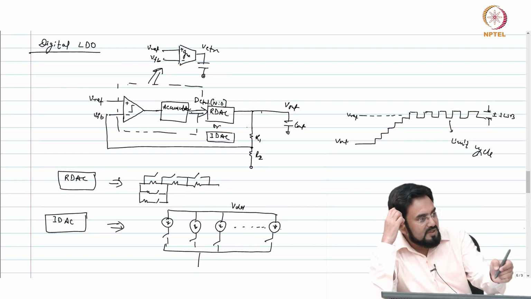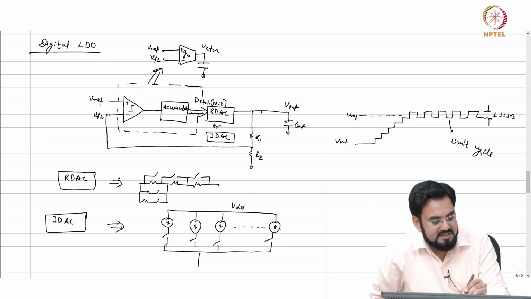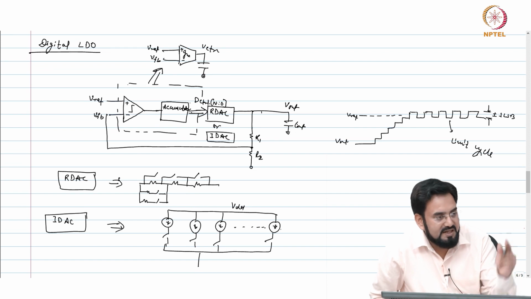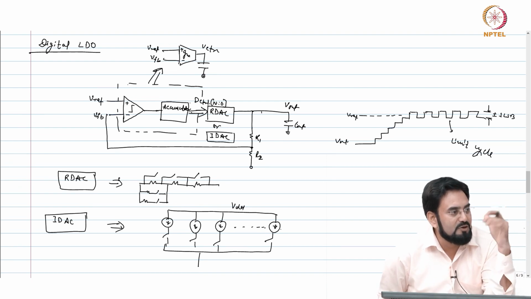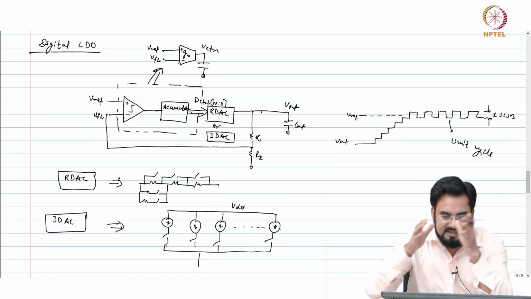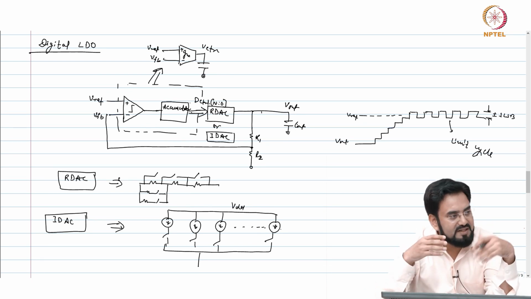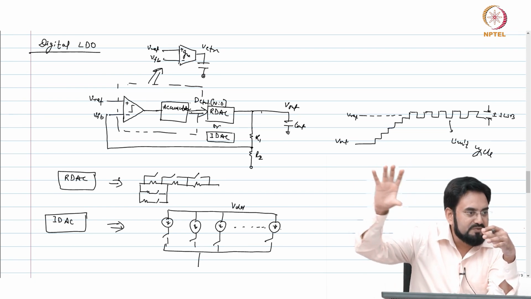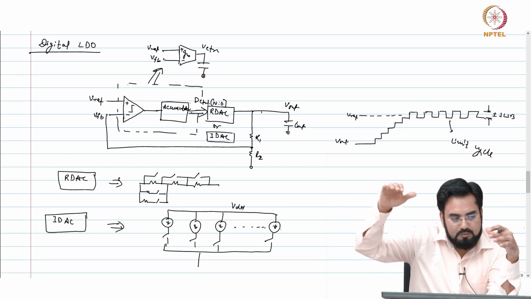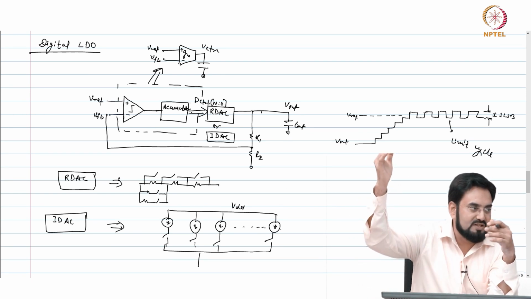If you bring your output pole inside UGB, what would happen? Let us say the output has changed. When your accumulator changes the code, your output will change, but that output has not settled and you have changed the code of the accumulator, and there is some lag due to the pole. So your accumulator will keep counting up and increase the code before the output settles, and when the output starts going low, it will realize, oh, I have increased too much, now I have to go down.